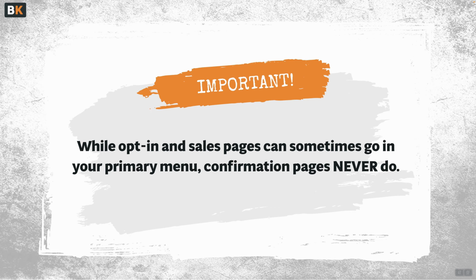So if you have an opt-in page, your form thank you or confirmation page should be linked as the confirmation page. Sales page, whatever sales system you're using, the thank you page or confirmation page will be set up in your sales system.